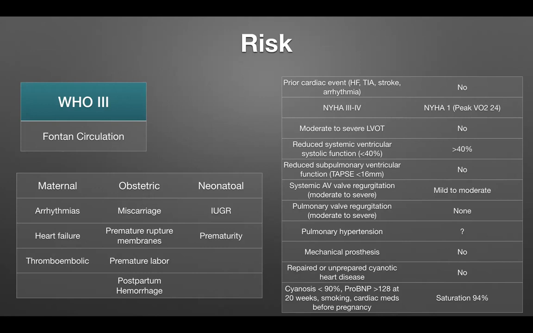It would be hard to determine by echocardiography what her PA pressures are. When looking at the maternal, obstetric, and neonatal risk, going back to the left of the screen, she is at risk for arrhythmias, heart failure, and thromboembolic events. So these need to be monitored. Pregnancy increases thromboembolic events, and this adds to it. Increased prematurity for the neonate and growth retardation does occur as well.